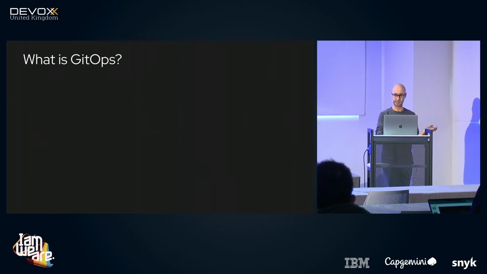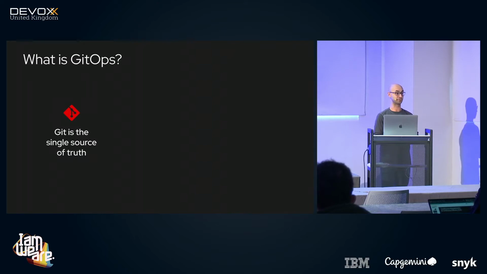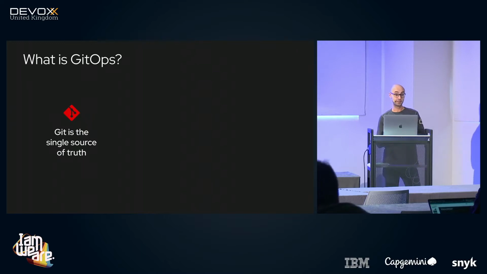And what about GitOps and all this process? What is GitOps and how is this related to what I explained before about Kubernetes secrets? Well, GitOps just assumes that Git is the single source of truth. So everything goes to Git. If it's not in Git, it's not taken into consideration.